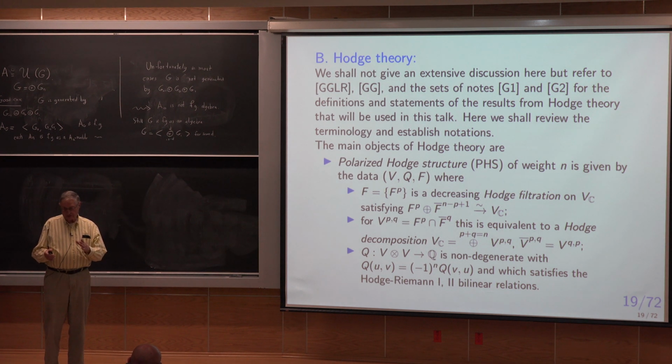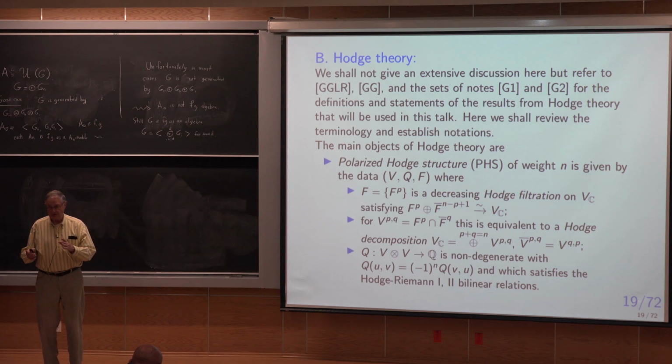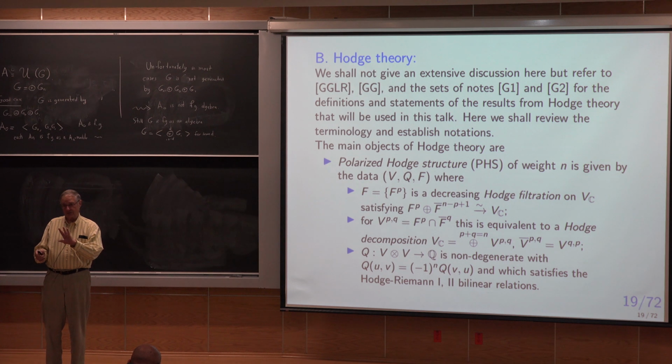The way to think of that is on a complex manifold, the complex differential forms decompose into type according to how many dz_i and how many dz_i bars there are in the differential form. p is the number of dz's, q is the number of dz bars. So the decomposition of differential forms descends to cohomology.